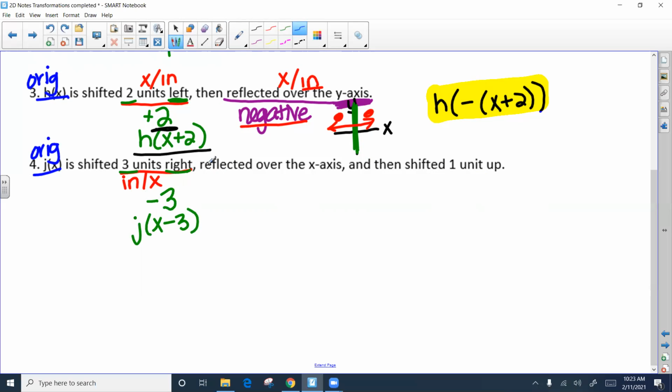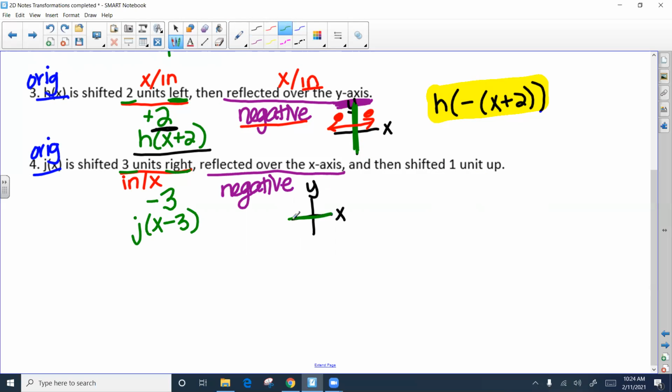Then I'm reflecting over the x-axis this time. Again, with a reflection, we know we see a negative. If I'm reflecting something over the x-axis, make sure you know what value it's affecting.